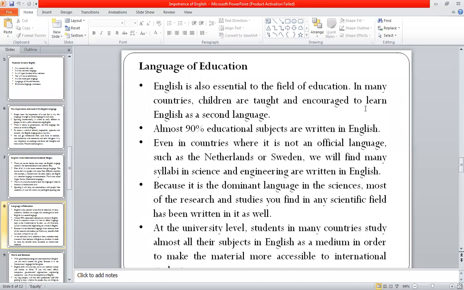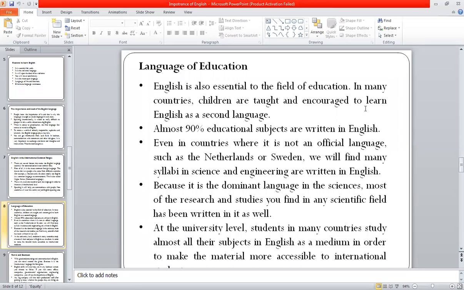Almost 90% of the subjects are written in the English language. You have your subject syllabus and content in this language. As you are learning in engineering, from second year itself, the special subjects related to your branch start.